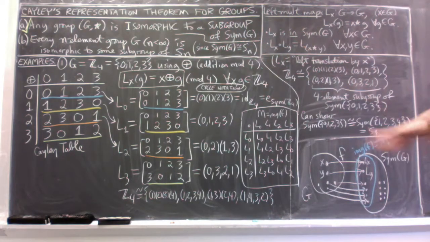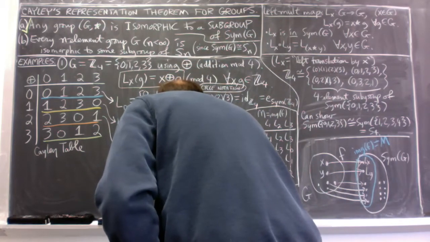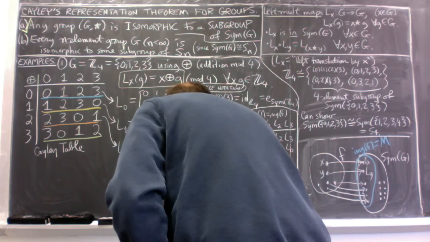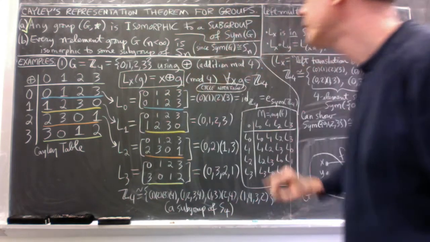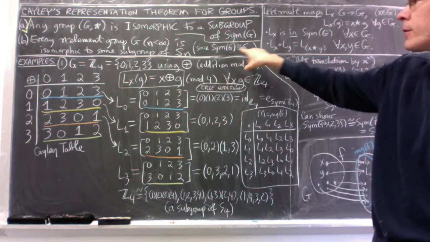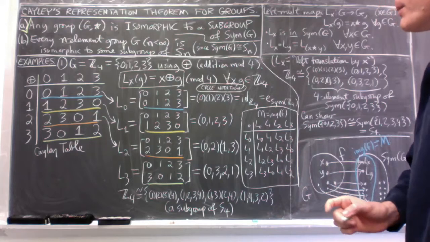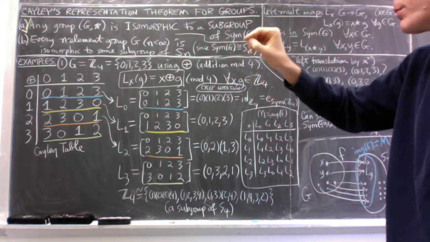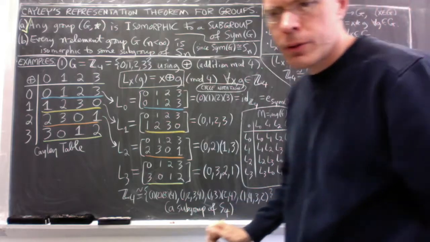And I'll write that down again at the very end after our second example. But that's the only new ingredient you need to get part B, this idea of relabeling at the very end to use the standard symbols 1, 2, 3 up through n, instead of your group G, which could be like G1 through Gn. All right.